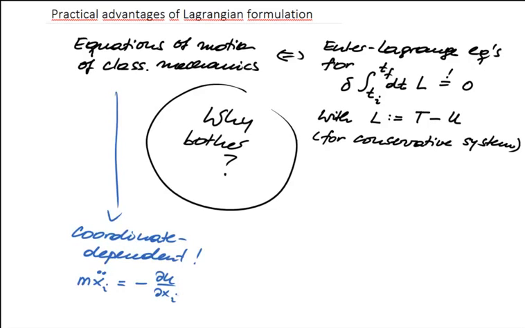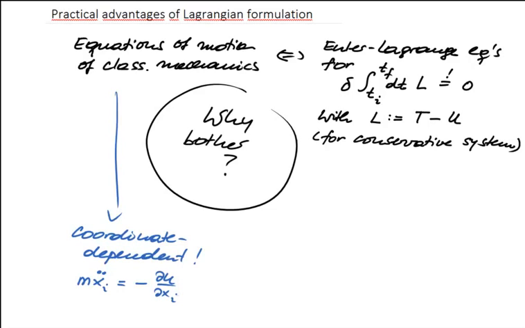You have to modify this equation of motion when you change coordinates. And this becomes particularly cumbersome when you decide to go from Cartesian coordinates to curvilinear coordinates. So say you want to formulate the problem in spherical coordinates or in cylindrical coordinates. And then it gets really complicated.